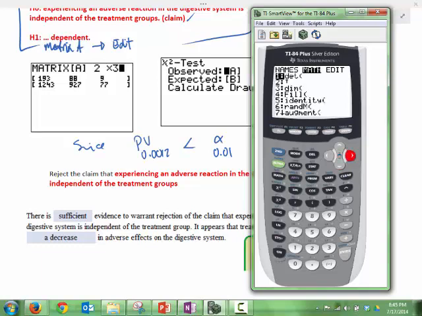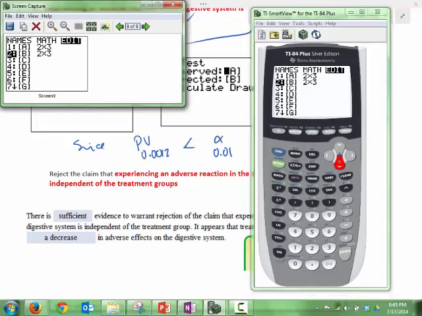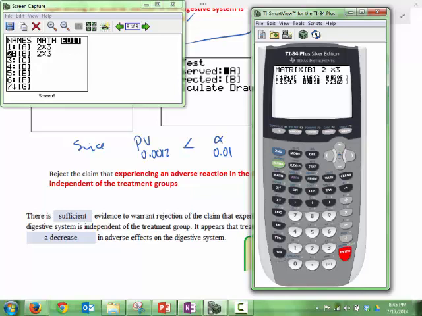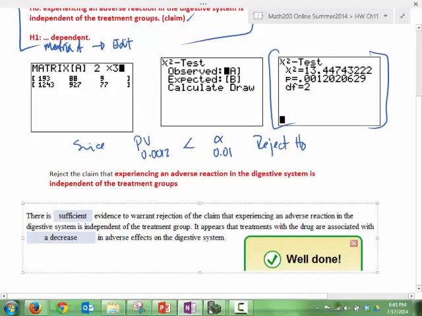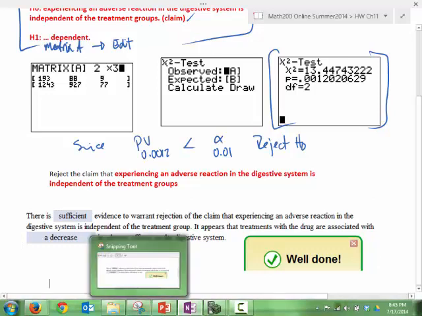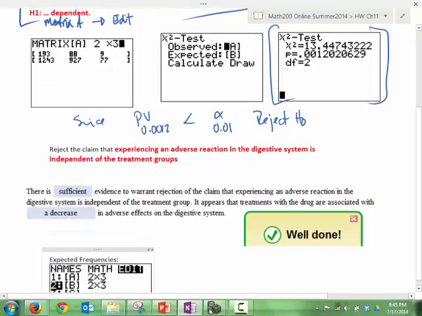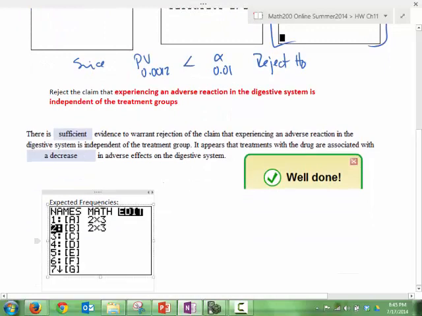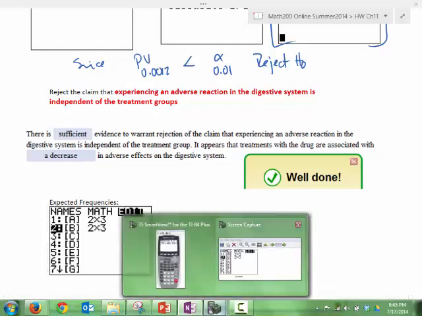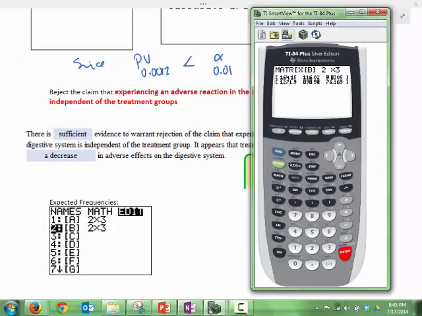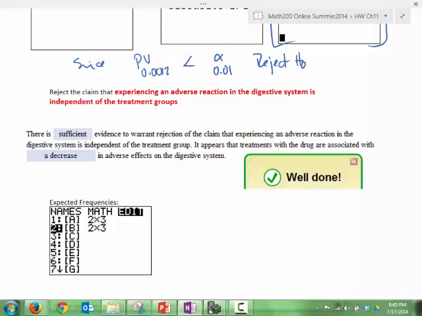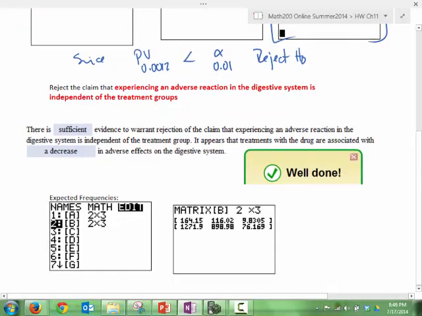So if you go to the second one, I'm sorry, maybe you need to go to edit first and then select B. And then if you hit enter from here, then you're going to see your expected frequencies already calculated for you. So your expected frequencies are here.